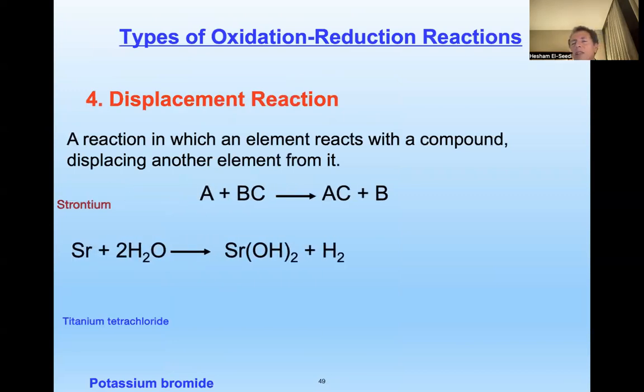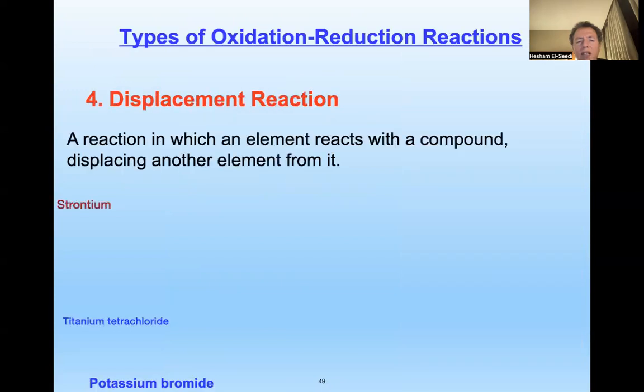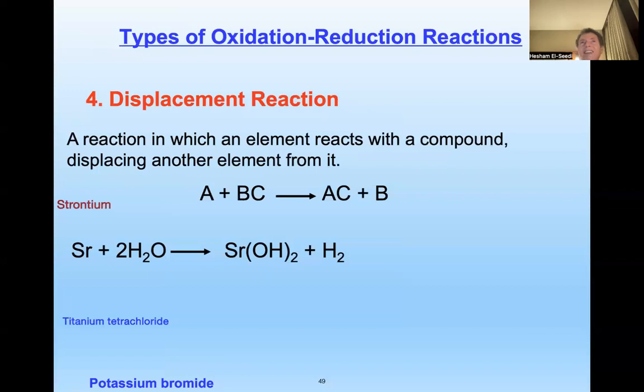What about displacement reaction? So now, just look at the name, displacement, before you see the example. Displacement reaction, right? Look at this example. One element will replace another one, right? Like, for example, A plus BC. So it will give AC and B. So it means that B will be the replaced one.